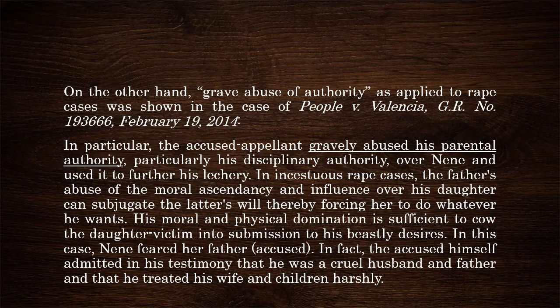The Supreme Court further said that in incestuous rape cases, the father's abuse of the moral ascendancy and influence over his daughter can subjugate the latter's will, thereby forcing her to do whatever he wants. His moral and physical domination is sufficient to cow his daughter into submission to his beastly desires.